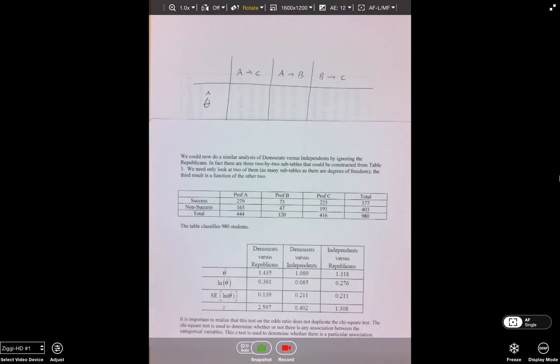So guys, for Professor A to C, I would have success as 279 divided by 165, divided by 225 divided by 191. So I would have 1.435.